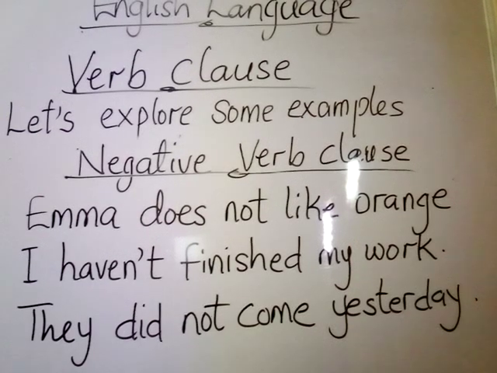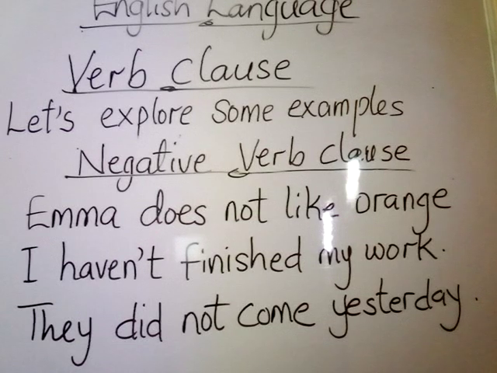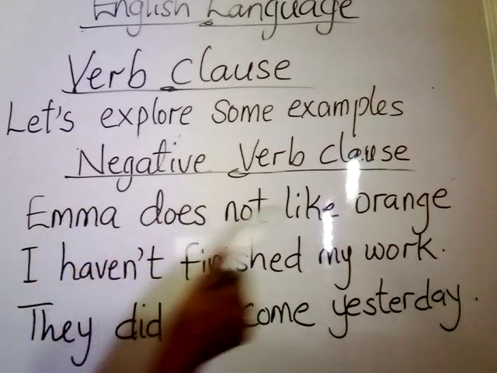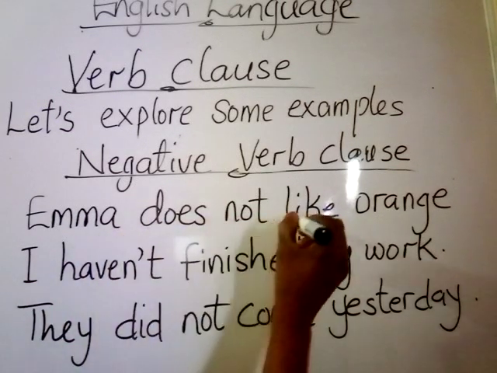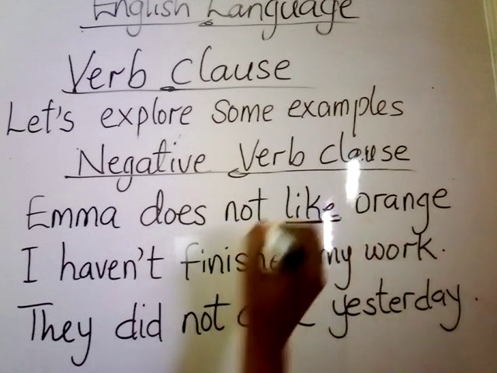So the next set of examples we're going to look at are those of negative verb clause. Some examples of negative verb clause, and they are used in sentences. So the first one here says, Emma does not like orange. Now we know that like is the main verb there.